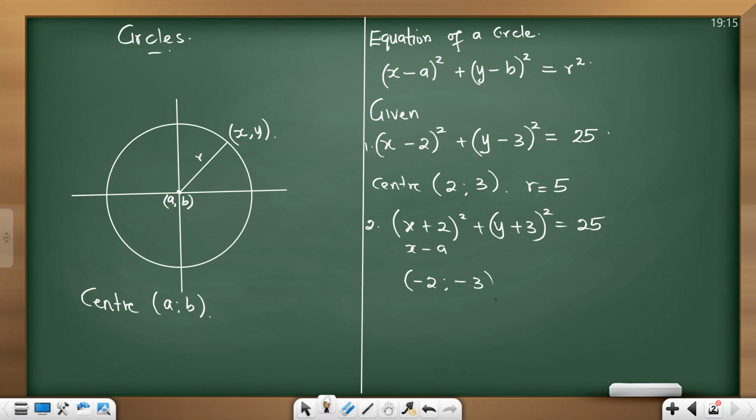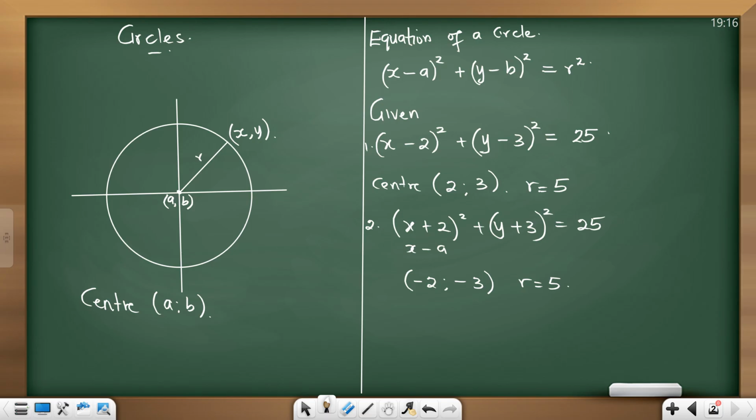Negative 2, negative 3. And my r will still be what? 5. Are we okay, everybody there?